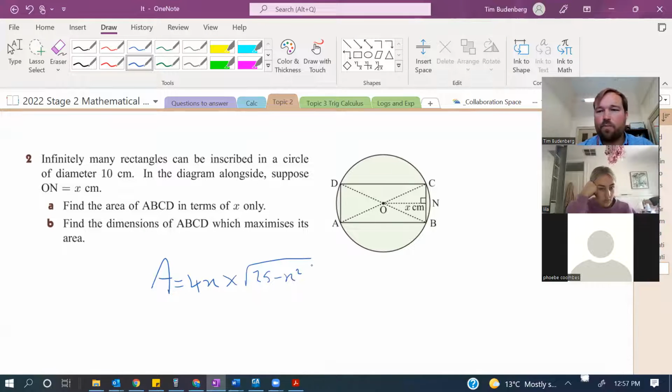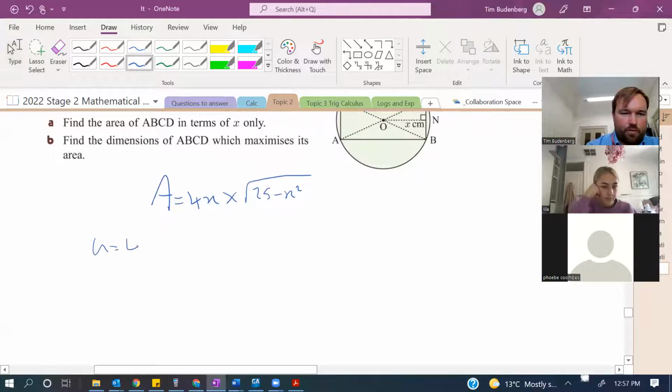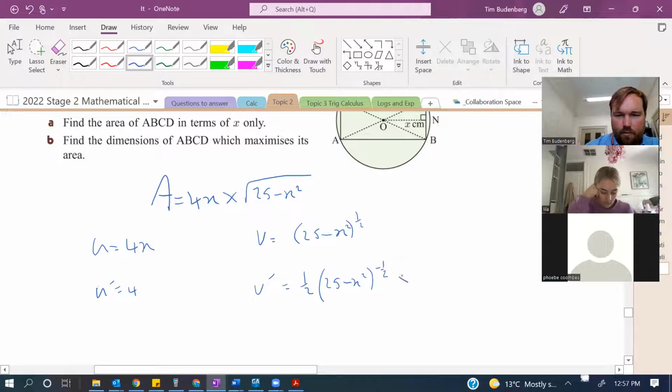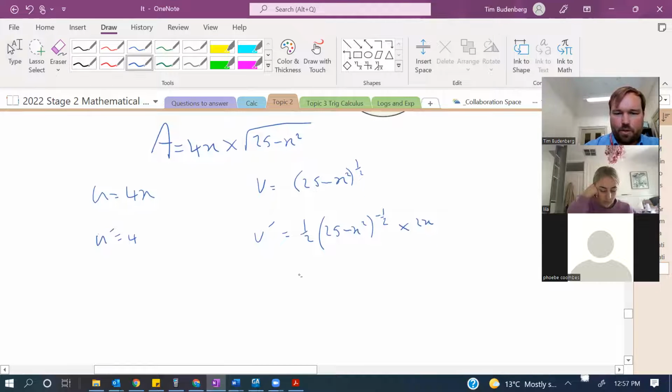Cool. All right, and then you did product rule, which is right. So u is 4x, u dash is 4, v is 25 take x squared to the power of a half, v dash is a half, 25 take x squared to the minus a half, multiplied by 2x, which could also be written as, wait, isn't it negative 2x?